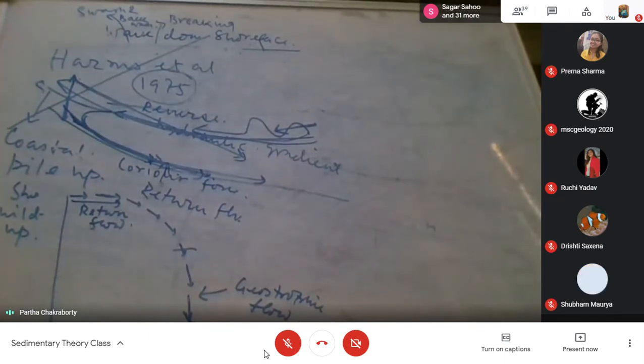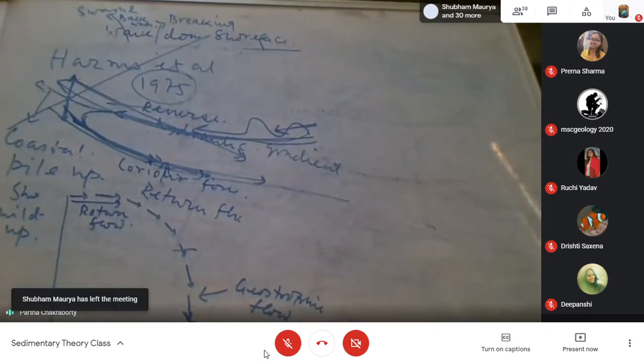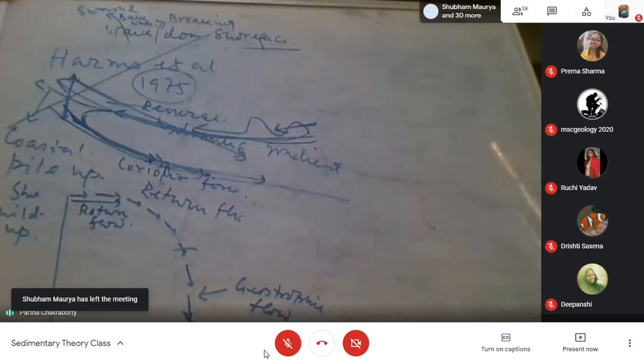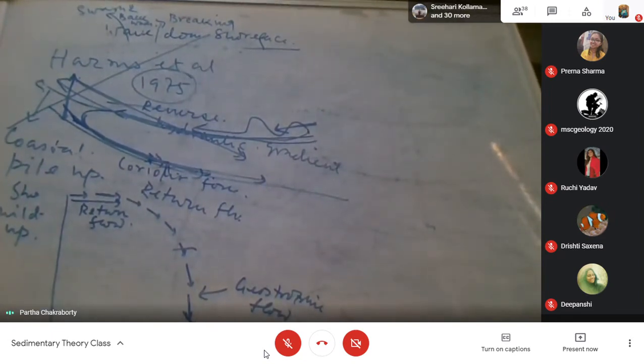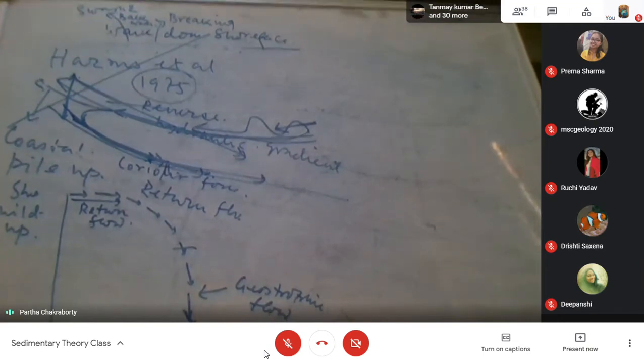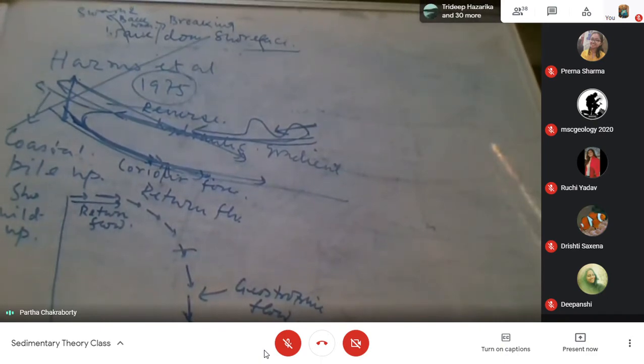The return flow initially becomes perpendicular to the shoreline, but when it goes a significant distance from the shoreline and it is a free flow, it comes under the action of the Coriolis force. By the Coriolis force, it deviates and becomes parallel to the shoreline. Then we call it a geostrophic flow. This is the actual operation of a storm.